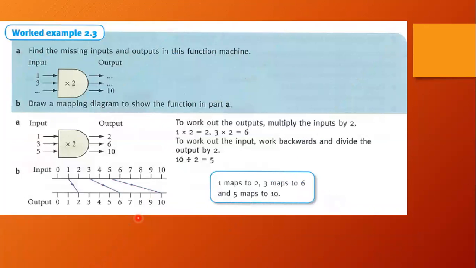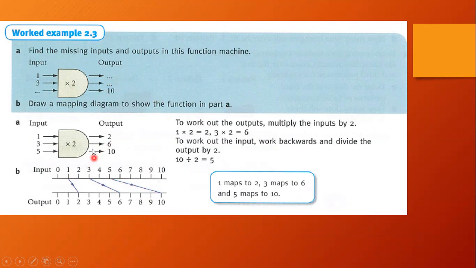Now here we have our first example: 1 multiplied by 2, here write 2. 3 multiplied by 2, 6. And 10, because we are moving backwards, the opposite of multiply is divide. So 10 divided by 2 is equal to 5. So here write 5, here write 2, and here write 6.